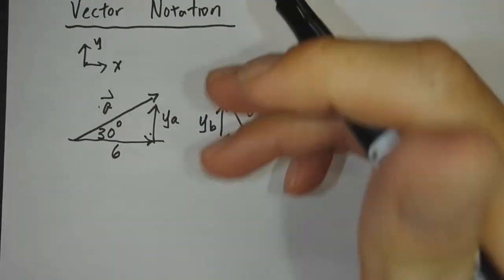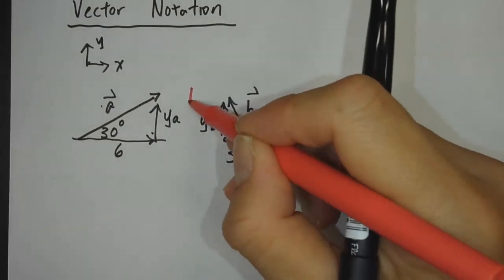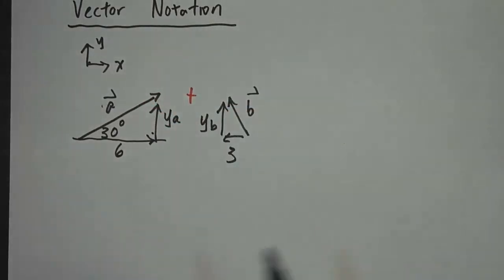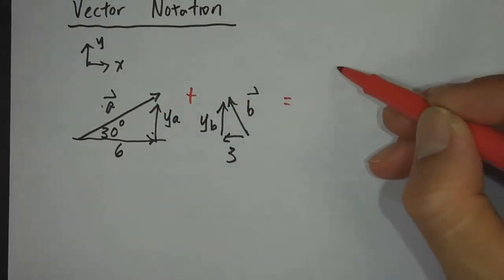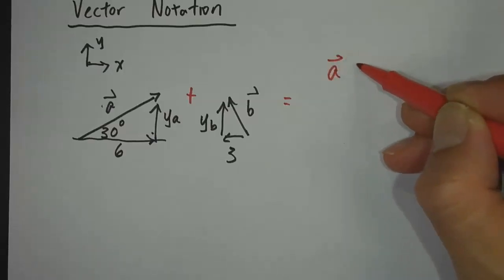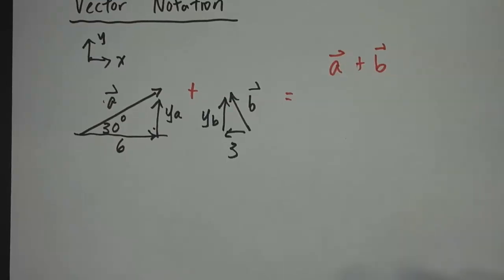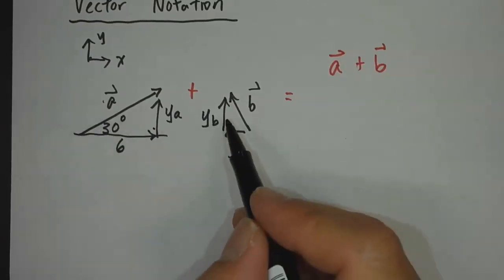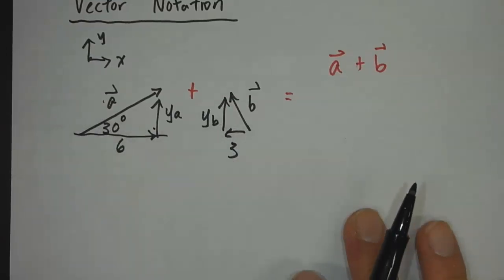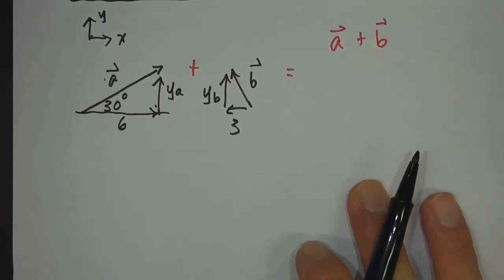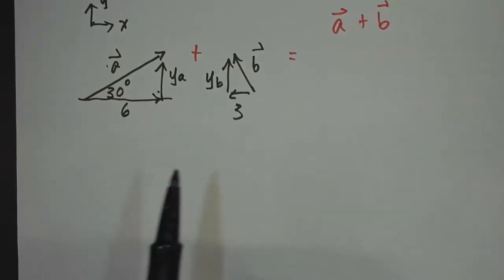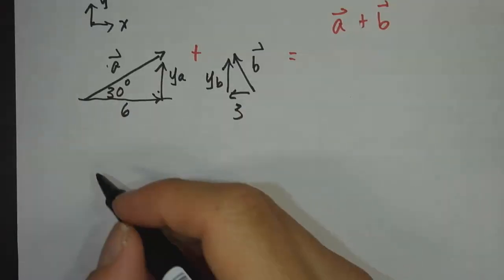So we want to add these two up. What would be the sum of vector A plus vector B? That's what we're looking for. And of course you could just use the tip to tail method. But if you want to get some numbers, then you're going to have to do a little calculation here.